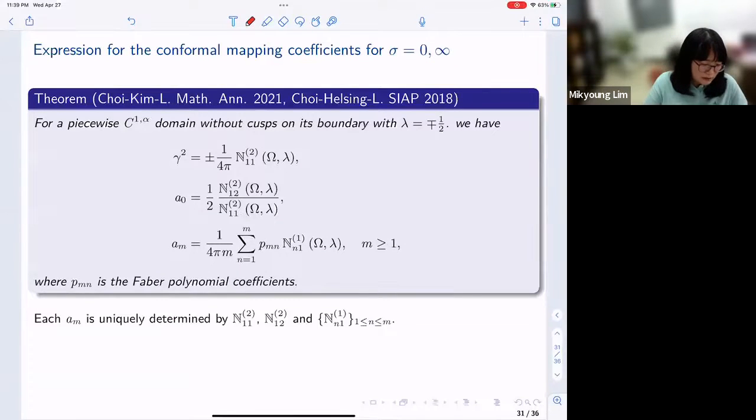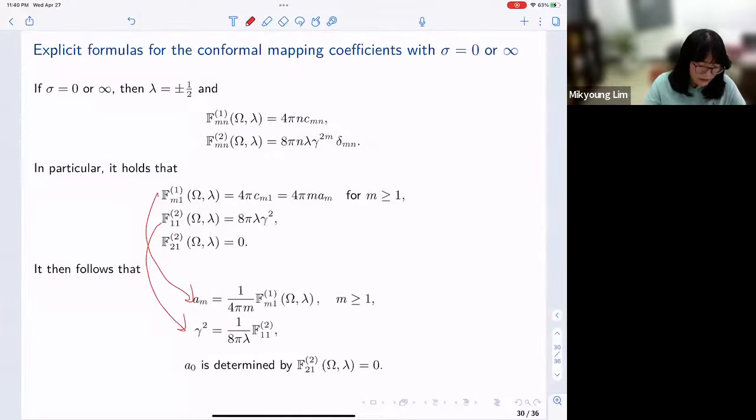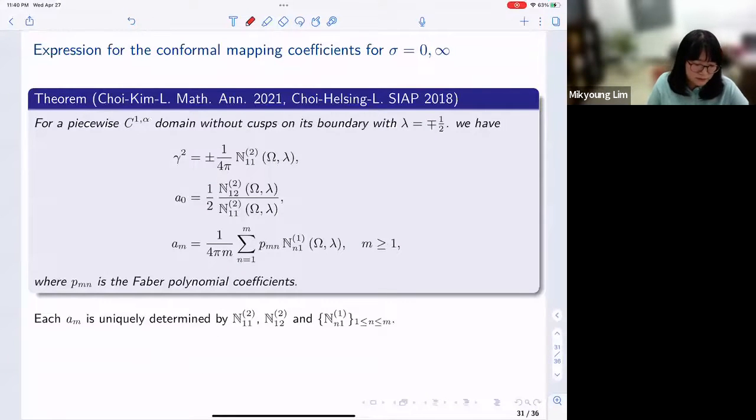So for piecewise C1,alpha domains with extreme conductivity, from this relation in terms of Faber polynomials, and since the Faber polynomial has an expression in terms of GPTs, by combining them we get this explicit formula. This is collaboration with my former student Choi and my student Kim, and also Professor Johan Helsing. So for the extreme conductivity case, we get this explicit formula.